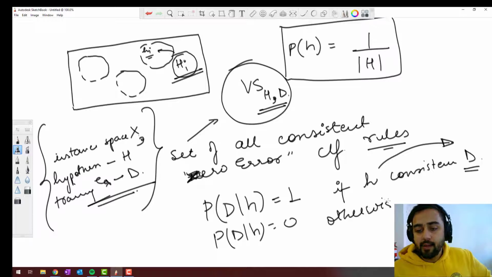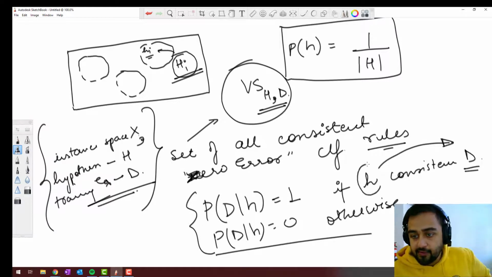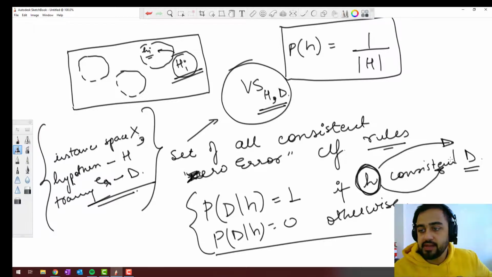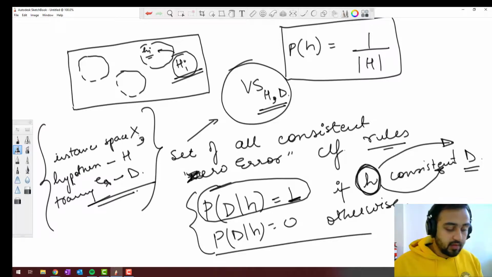Why am I doing this, I'll explain. If our hypothesis H is consistent with data D, the probability of D occurring if H occurs is 1, otherwise it's 0, right?